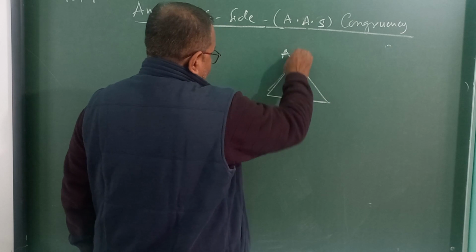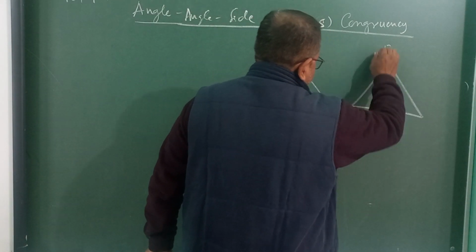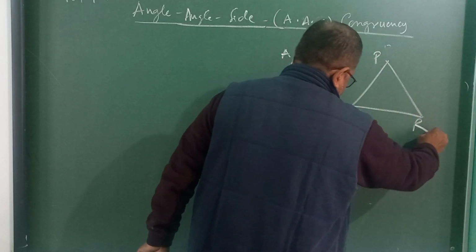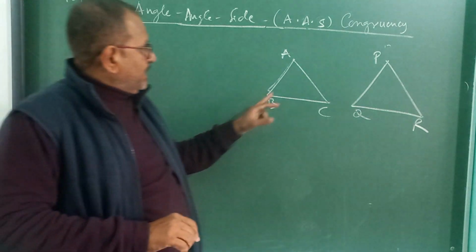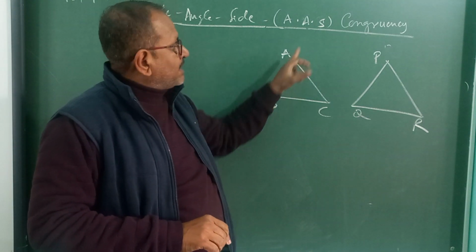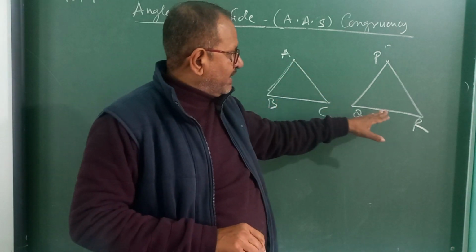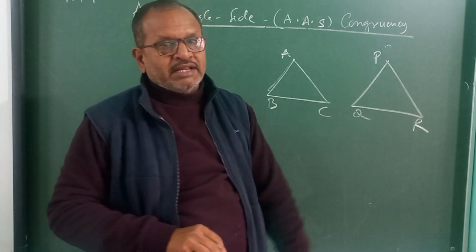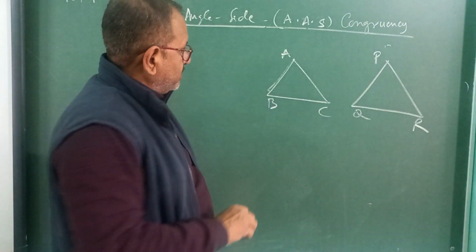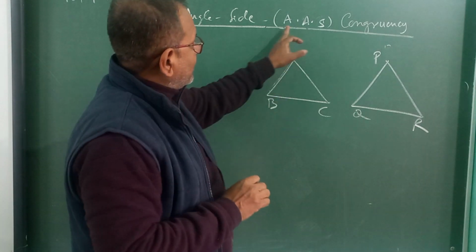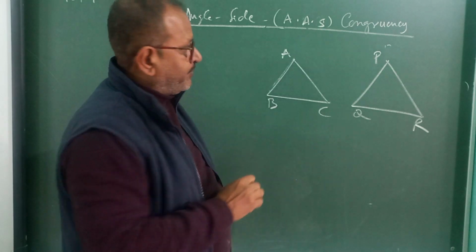One triangle is ABC, another triangle is PQR. So what is angle angle side? If two angles and a corresponding side of the first triangle are equal to two angles and the corresponding side of the second triangle, then both the triangles are congruent. Here, in angle angle side, we will not take the included side, we have to take another side.